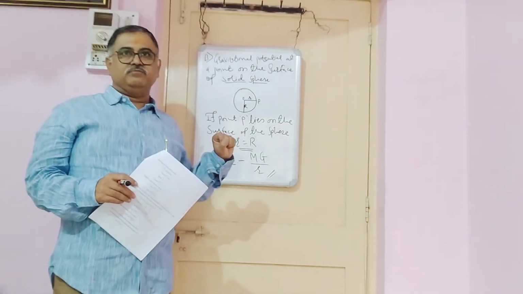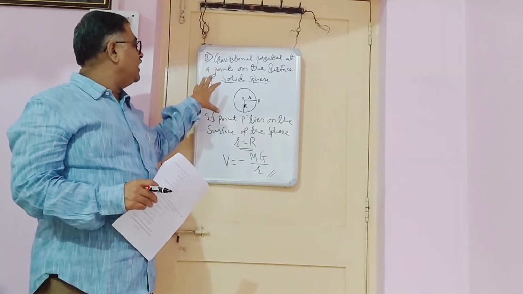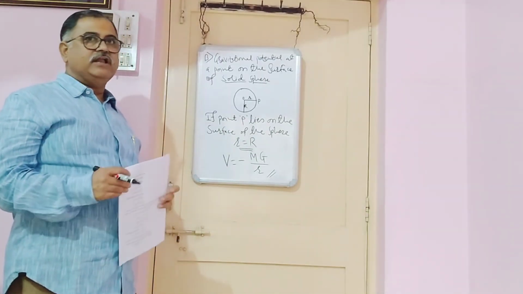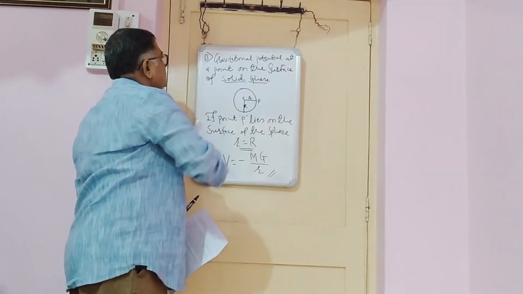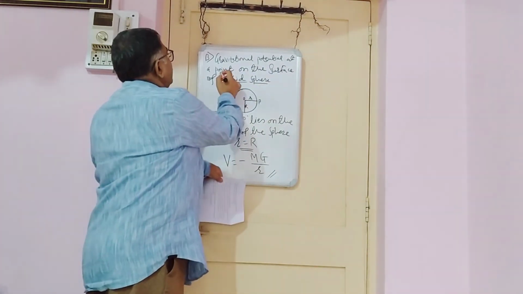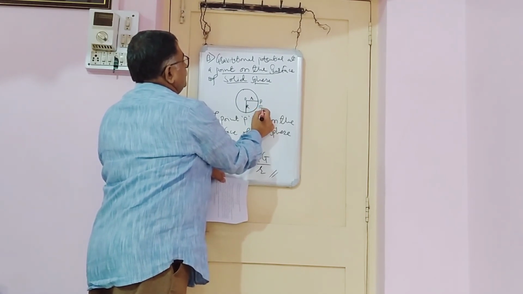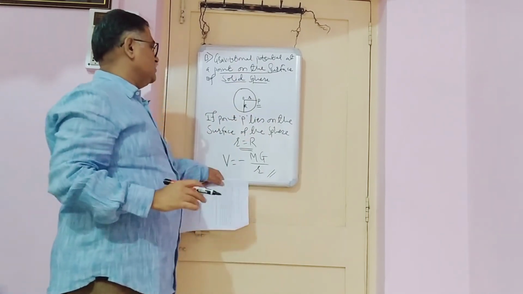That is the wrong thing. Therefore, keep perception and clarity in our mind that this is gravitational potential at a point P which is situated on the surface of a solid sphere.